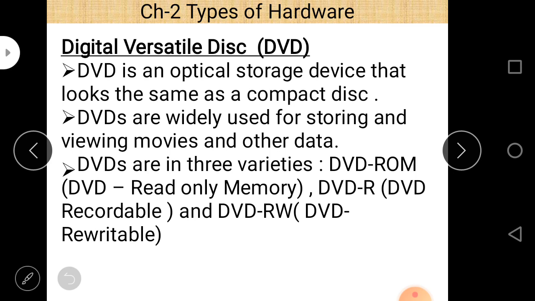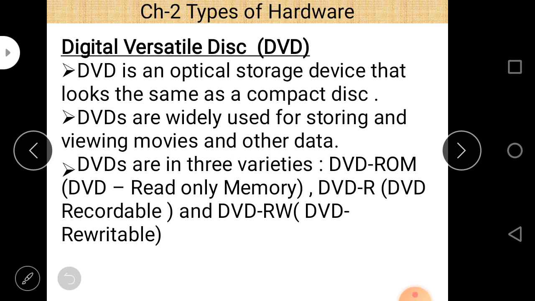The DVDs are used for different types of work storage. That's why they are called digital versatile disk. So if it is asked in your examination what the full form of DVD is, you can write digital versatile disk.